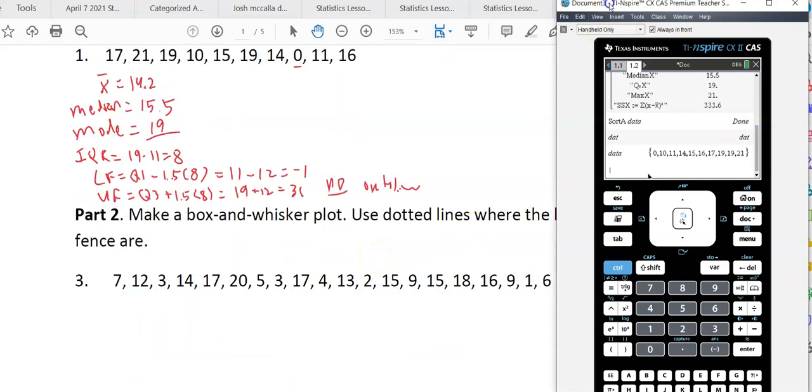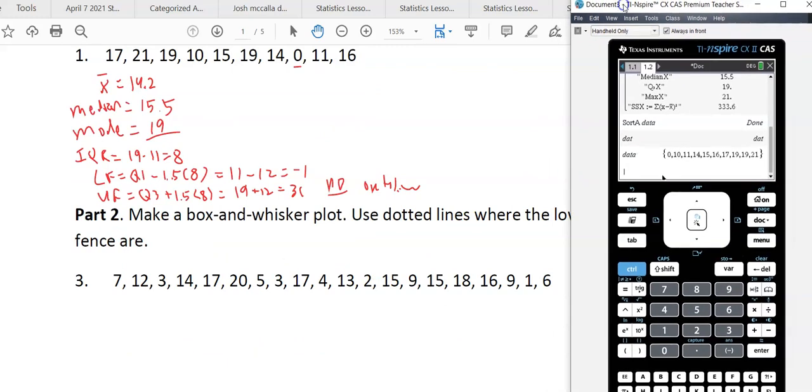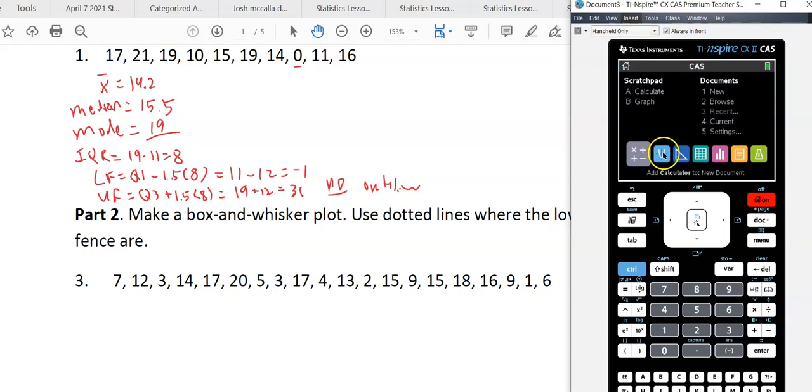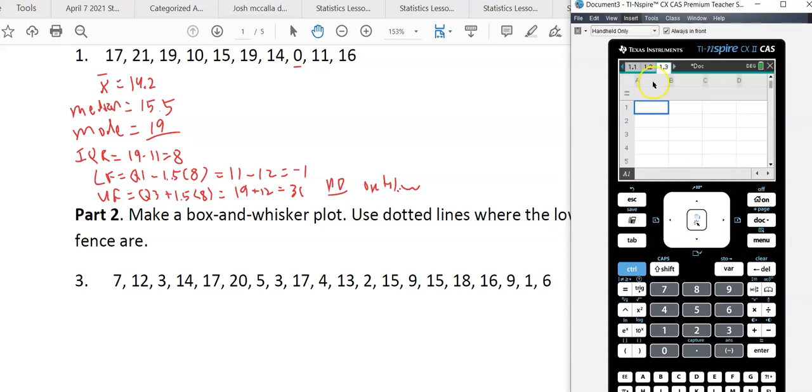So make a box and whisker plot. So let's do this. So I'm going to call this list 1. Don't put a space in there if you do something like that. 7, 12, 13, 14, 17.